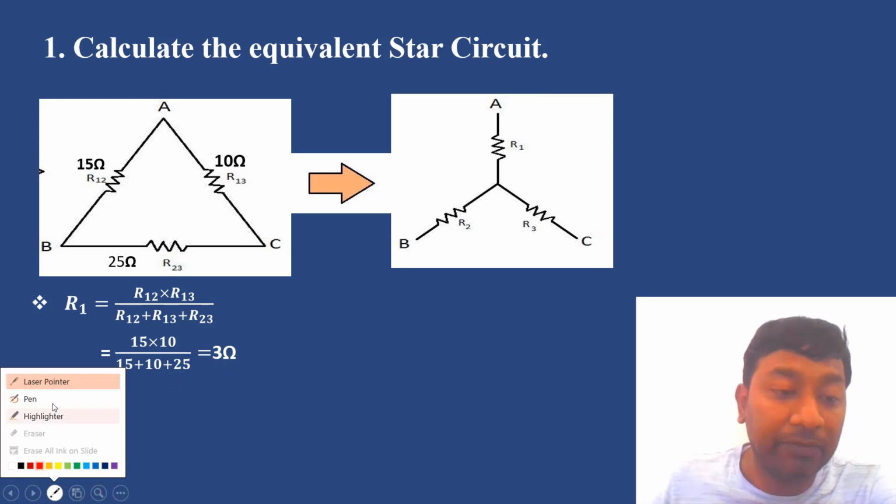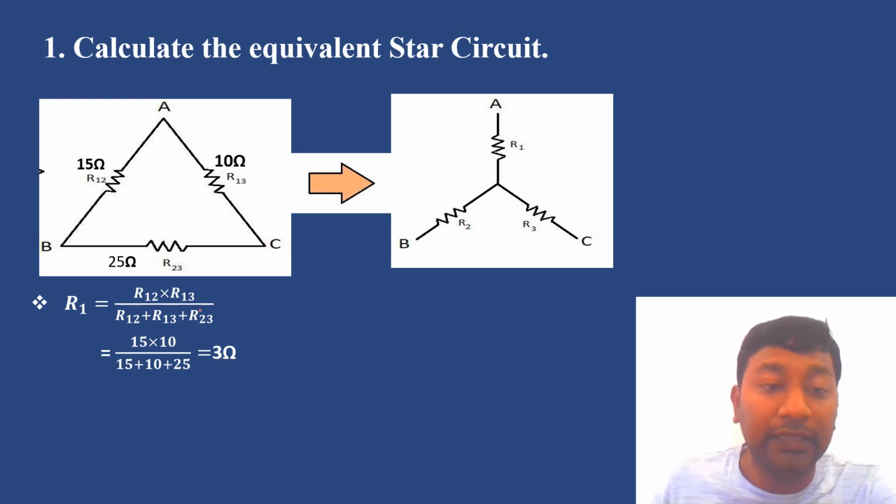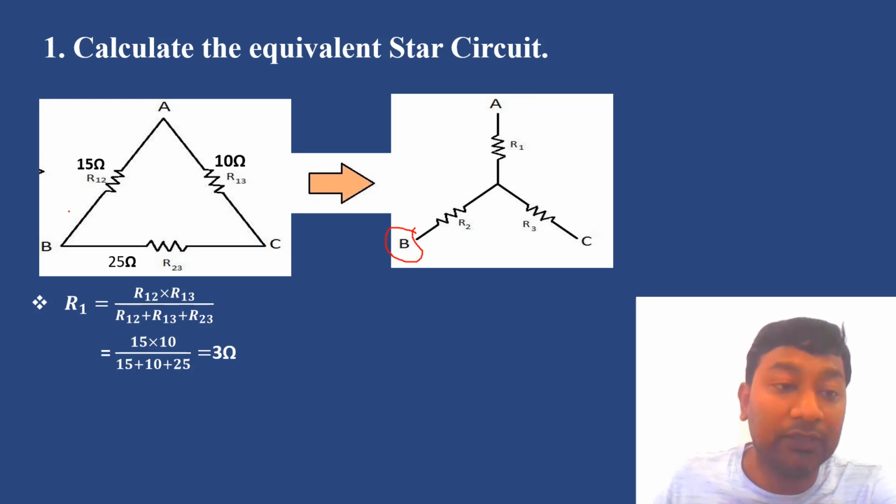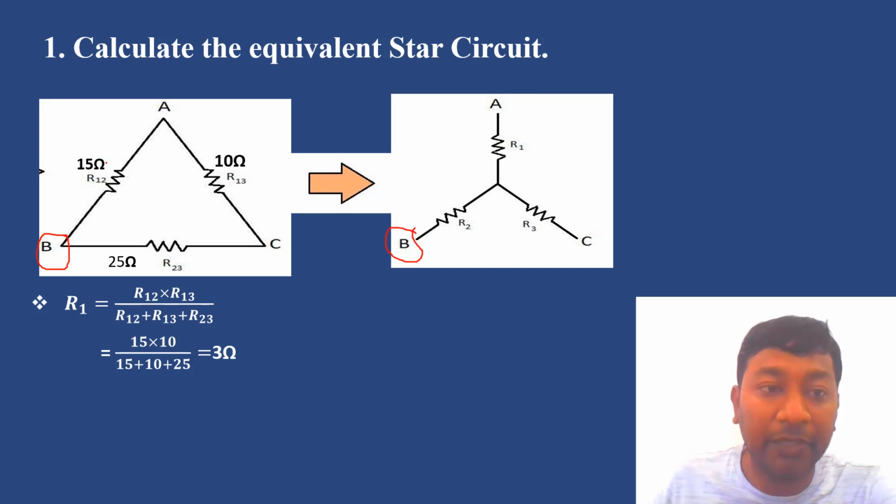Similarly, let us see the value of R2. R2 is the resistance connected to the B point. How many resistances are connected in the delta network at the B point? 15 and 25. So 15 into 25 divided by 15 plus 10 plus 25. That is the value of R2.